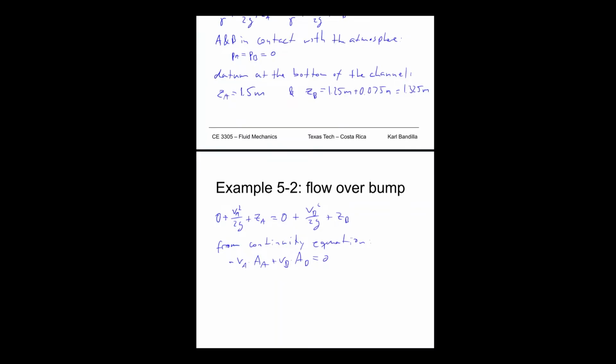What can we learn from that? We can solve it for one of the two velocities. Let's do VA. VA is just going to be the area at B over the area at A times the velocity at B. Now, our cross section is not circular like most of them were, but a rectangle.